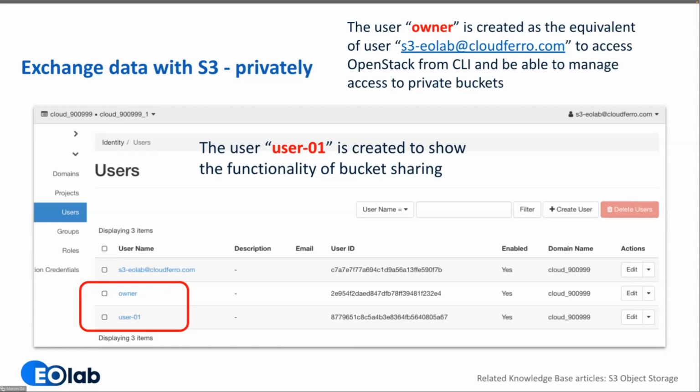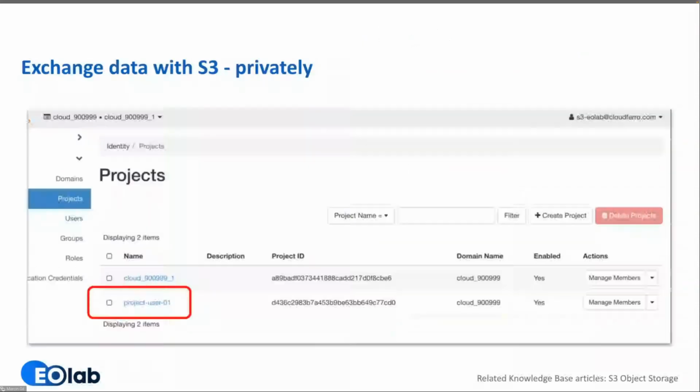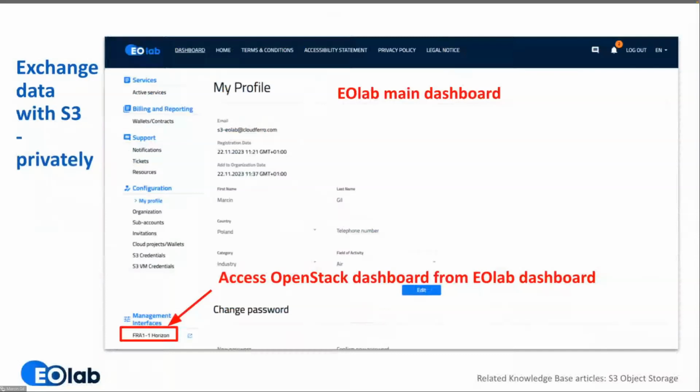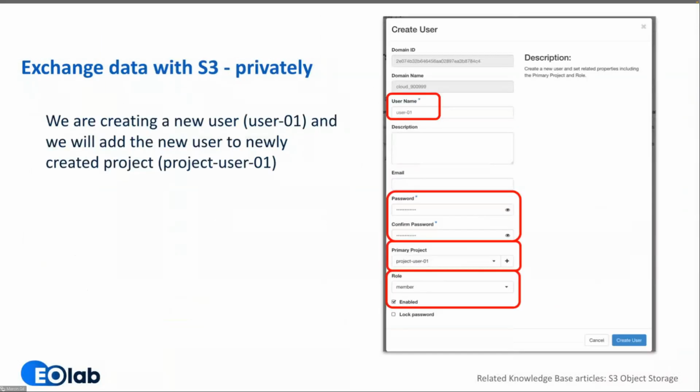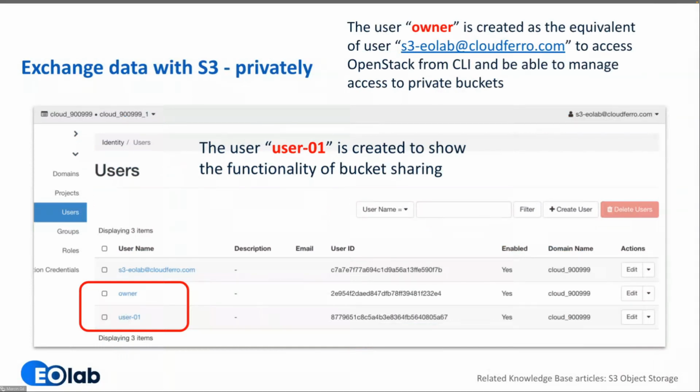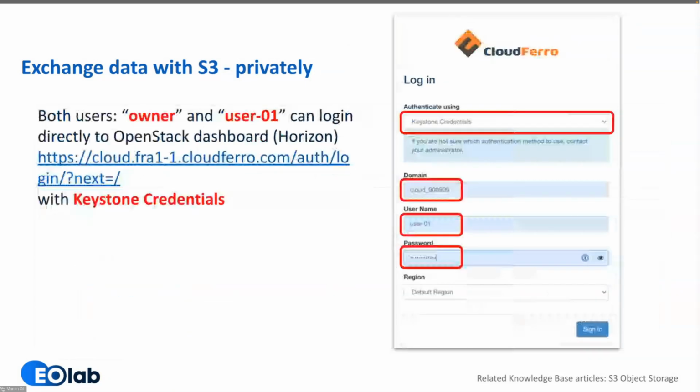So Esprit EOLab at cloudflare.com is the user that can log into the dashboard using this dashboard at the beginning which I showed you. So this one, and the owner will be the user who can log in using Keystone credentials, which I will show later.